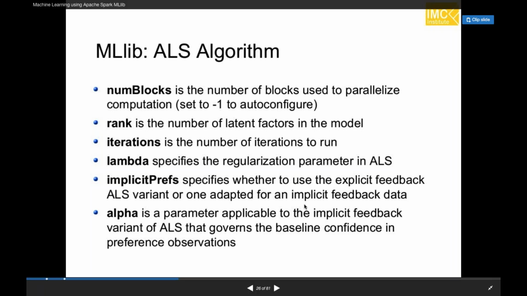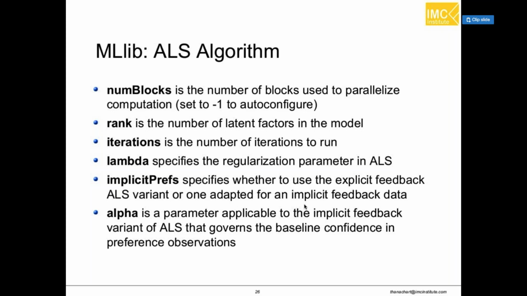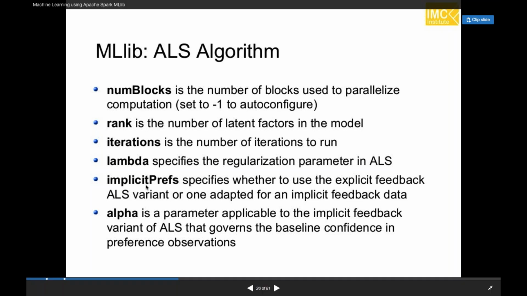So in the ALS module of Apache Spark, you also have the option to choose whether the data you are using was obtained implicitly or explicitly. Implicit preference specifies whether to use the explicit feedback variant or one adapted for implicit feedback data. And what is alpha?